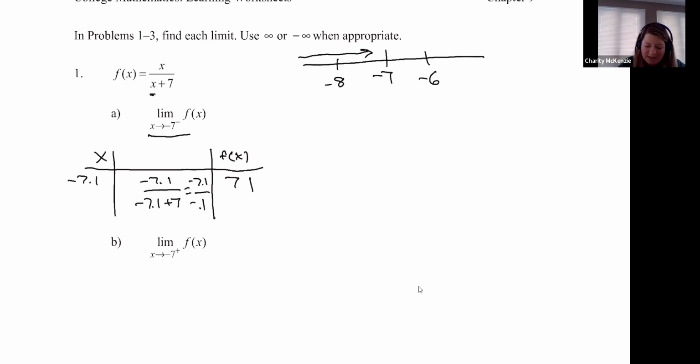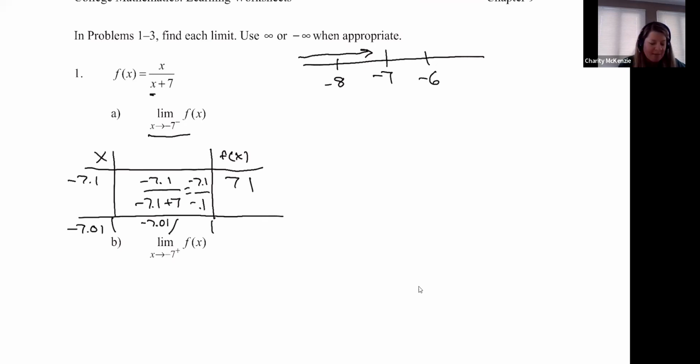Okay, so I didn't leave myself very much room. So if we want to get even closer, we can put in -7.01. So -7.01 on the top, and then I'm going to just do my fraction this way.